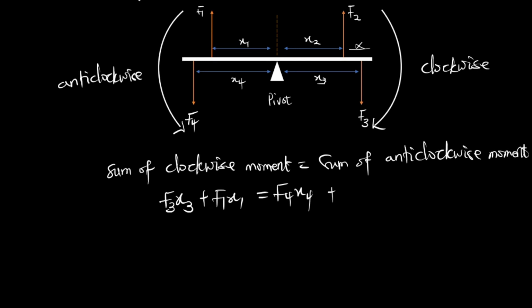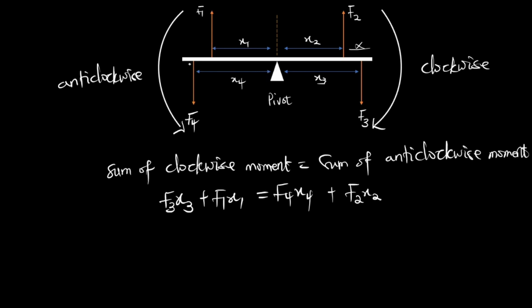Now if we rotate this in an anti-clockwise direction and we come to the top, we can see that F2 over here is also moving in the anti-clockwise direction if we multiply F2 with x2 over here. So that also forms an anti-clockwise moment. And if we move this and we come to the top over here, the force F1 multiplied by this distance is also a moment, but because the distance is not between the force and the pivot, it is not considered as a moment.